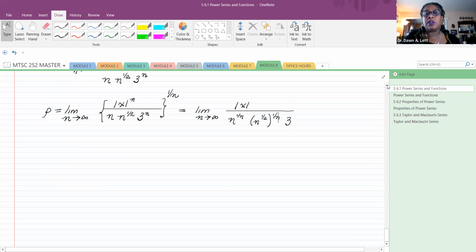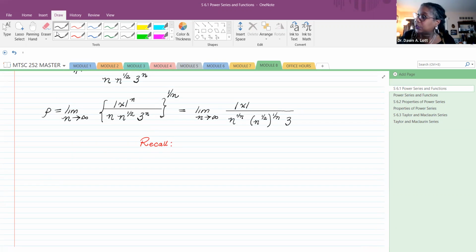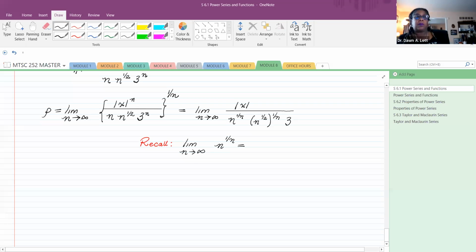The first thing to recall is that the limit as n approaches infinity of n to the 1 over n is what? That's one of the ones you have to remember in order to do these problems.